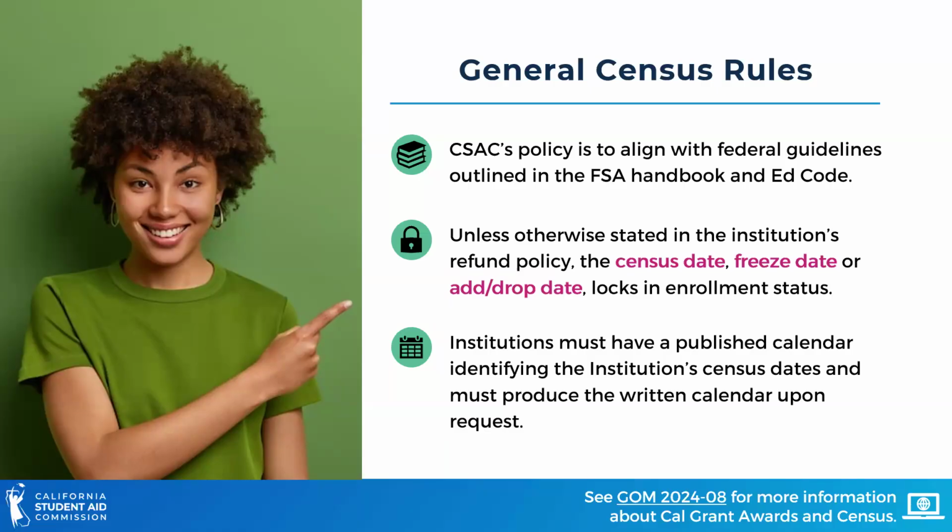Any Title IV aid is usually going to abide by a census date. And in the case of schools that have terms and modules, you may even have a secondary census date as well. We do have more information about census as well as secondary census dates in our handbook, and we also released a GEM here that goes into more detail. So I do recommend bookmarking that particular announcement.